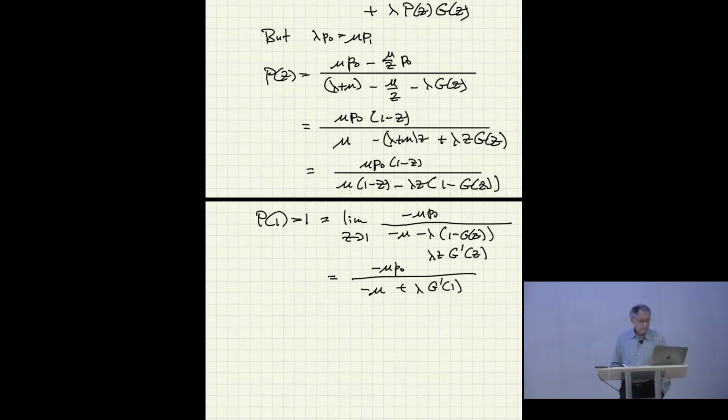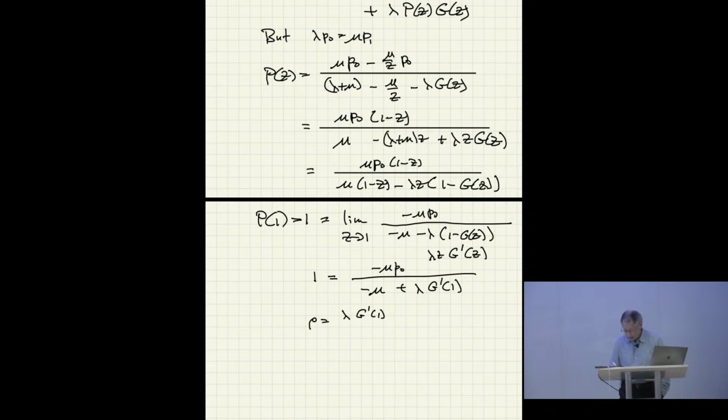Okay. If that's equal to 1, that tells me that I'm going to get the average number, etc. Basically, we're going to get that rho. Let's define rho. Rho is going to be equal to the arrival rate times the average number that come in per arrival, which is g prime.